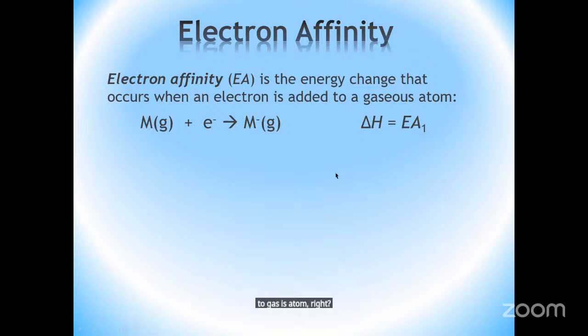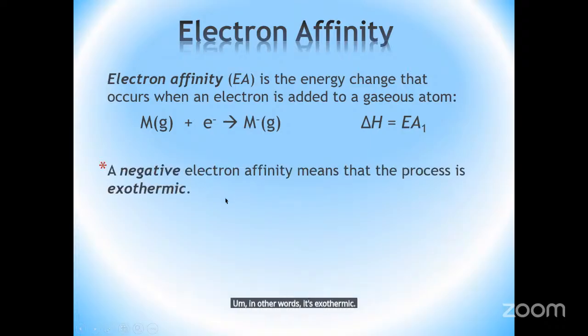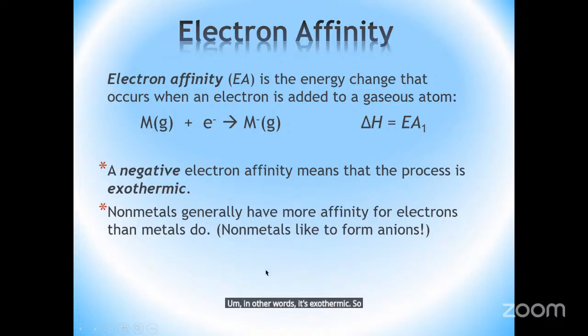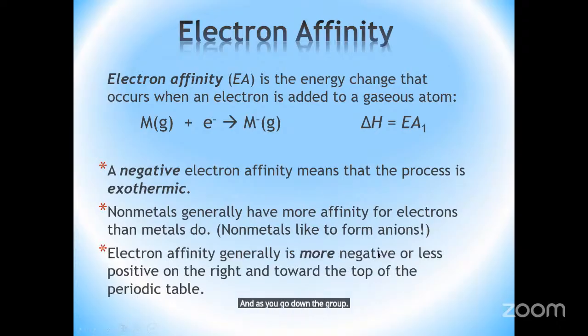And what you're going to find is that that energy change, which is called the electron affinity, is going to be negative, all right? In other words, it's exothermic. This is a general trend: as you go from left to right of any period, the electron affinity will become more and more negative, and as you go down a group, the electron affinity will become less negative, all right?